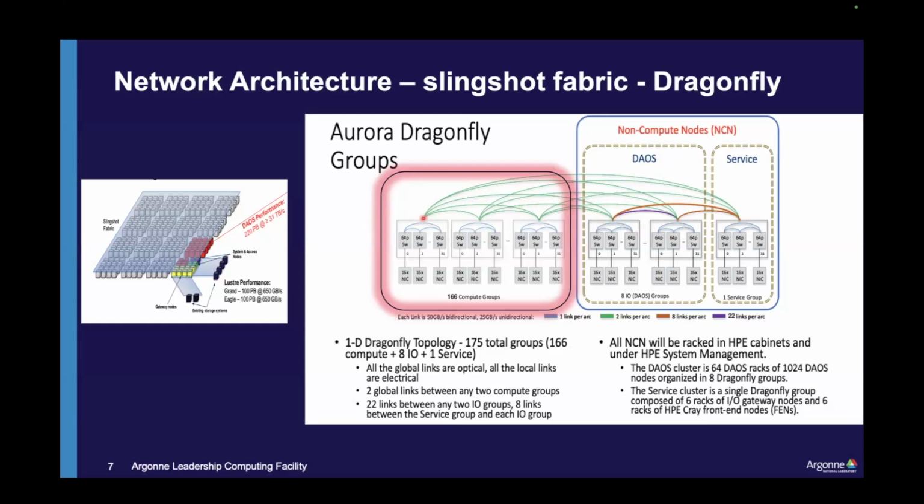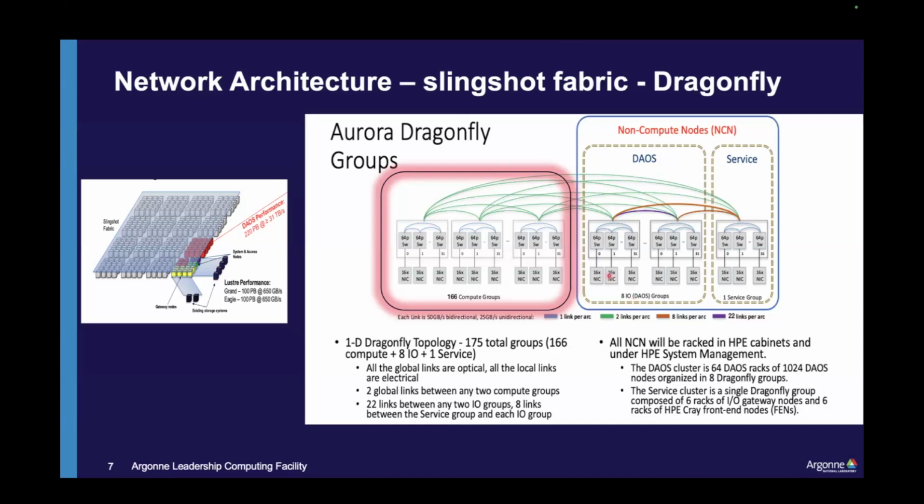And you can see that these big boxes are individual cabinets, racks. So there are 166 cabinets or racks, in 166 Dragonfly compute groups, whereas the 1024 DAOS nodes are in 8 DAOS groups.